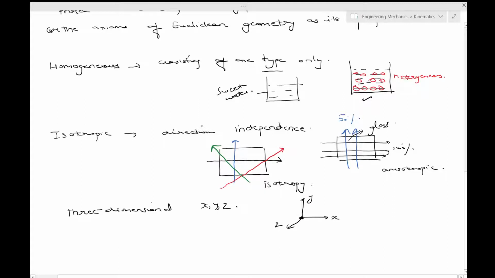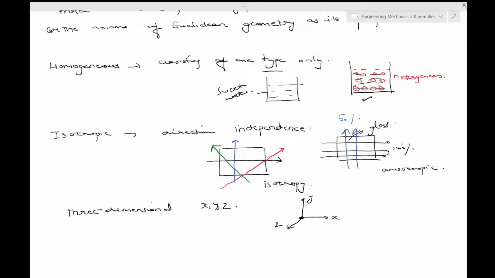Now, if this room in which you are sitting right now is a space, it is homogeneous. It means that it only consists of one type of material. Let's call that material air. It's an empty room for now. It need not be air, it can be anything else, but for now we just take one single kind of material inside it. And then you have isotropy inside it.